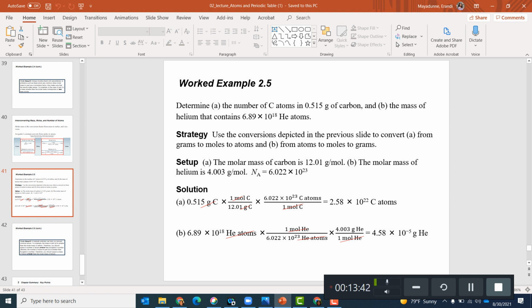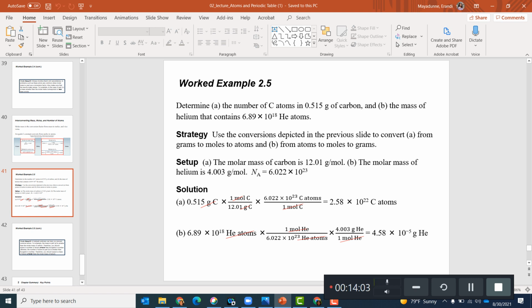So I look at this question: the number of carbon atoms in 0.515 gram of carbon. Determine the number of carbon atoms in the grams of carbon. So you know this is the number of grams. Can you multiply grams by Avogadro's number? No, not directly.